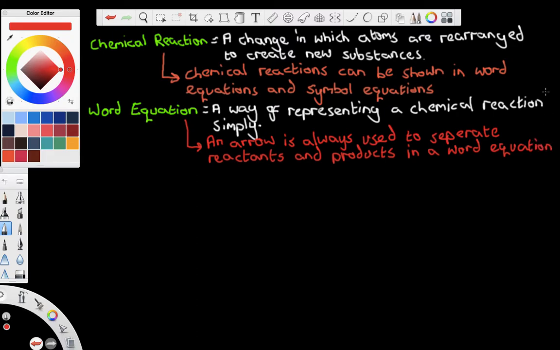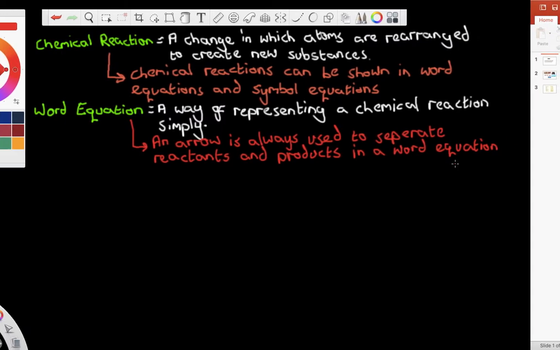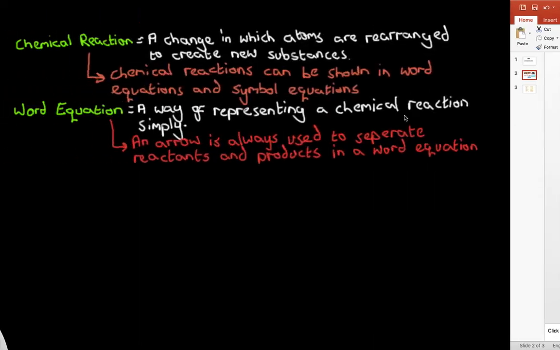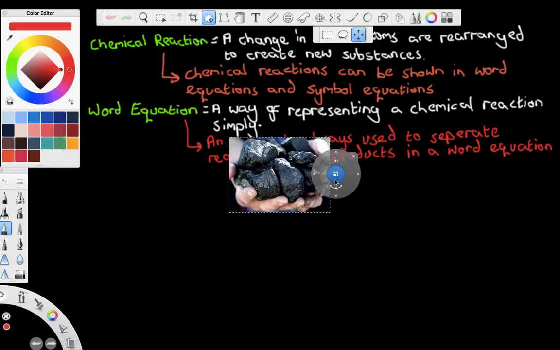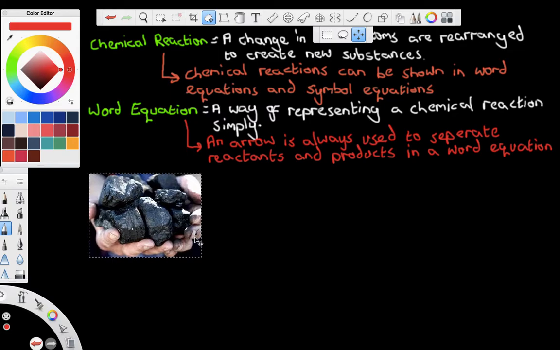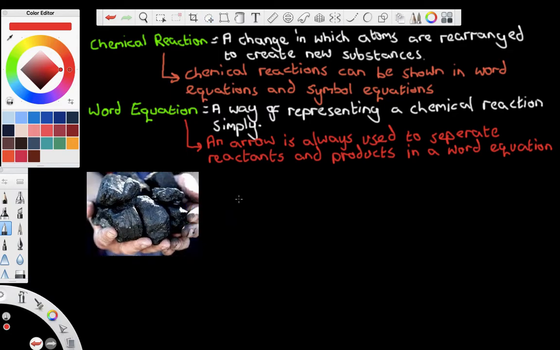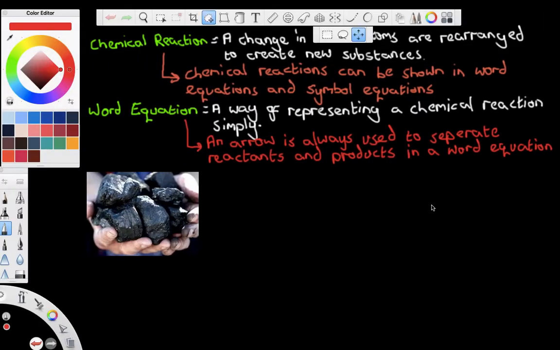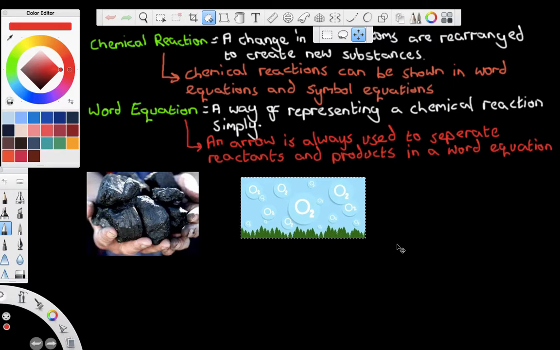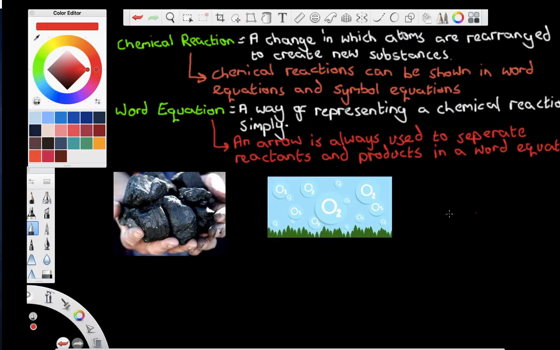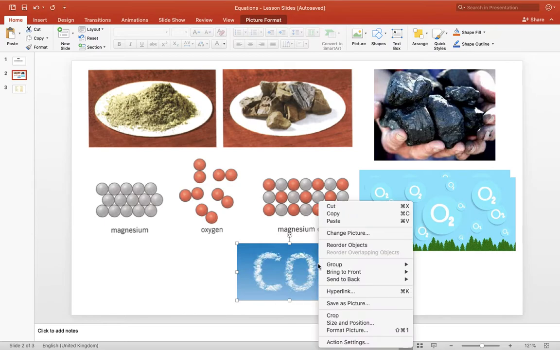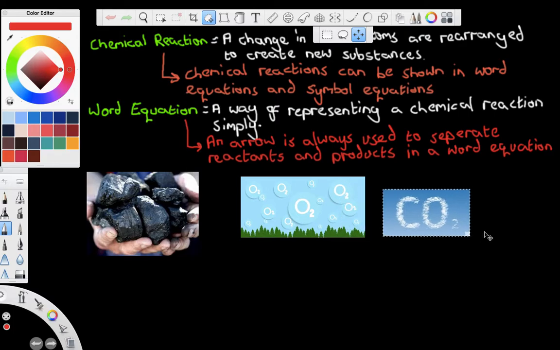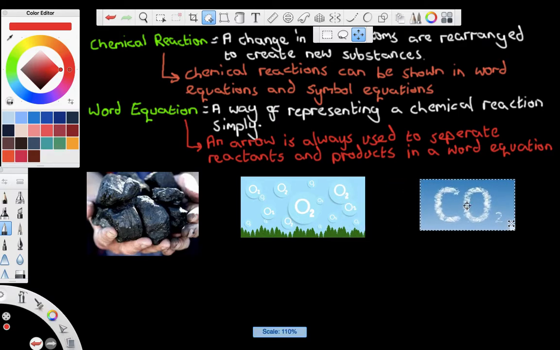Okay? So the example of word equations we're going to use is the burning of coal. We can start with coal, which we may decide to put on a barbecue with the nice weather coming. And we can react that coal with oxygen in the air to form another substance known as carbon dioxide, another gas that you may not necessarily be able to see, but that chemical reaction does take place.